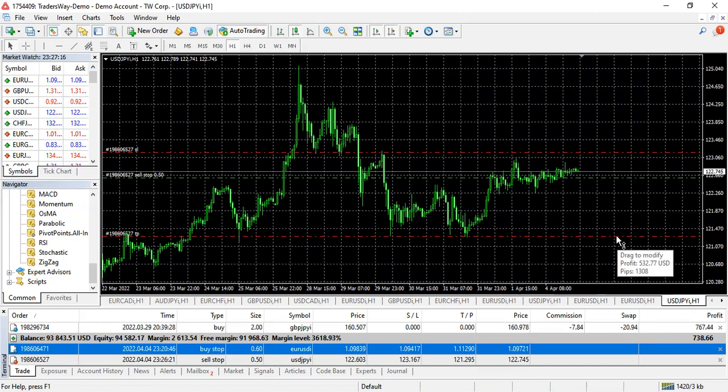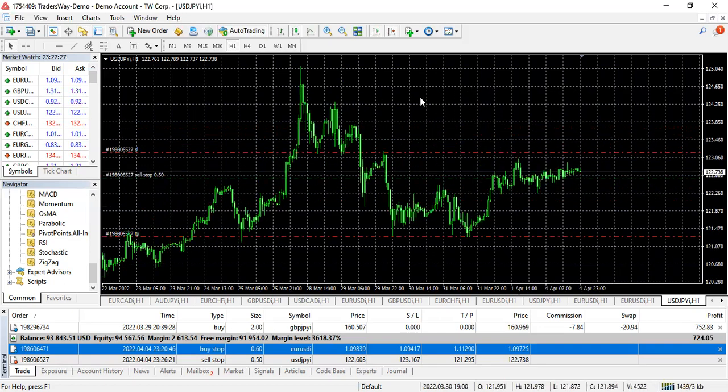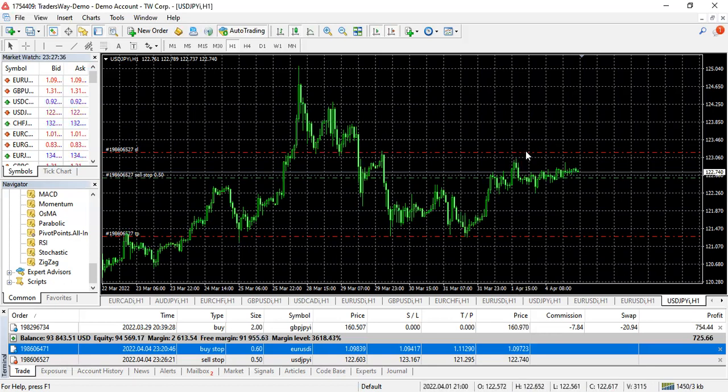To earn 532. Good. So this is a 1:2 risk reward ratio. So that is how to know the amount of money you want to risk and the amount you want to earn as well. So I believe you understand that.